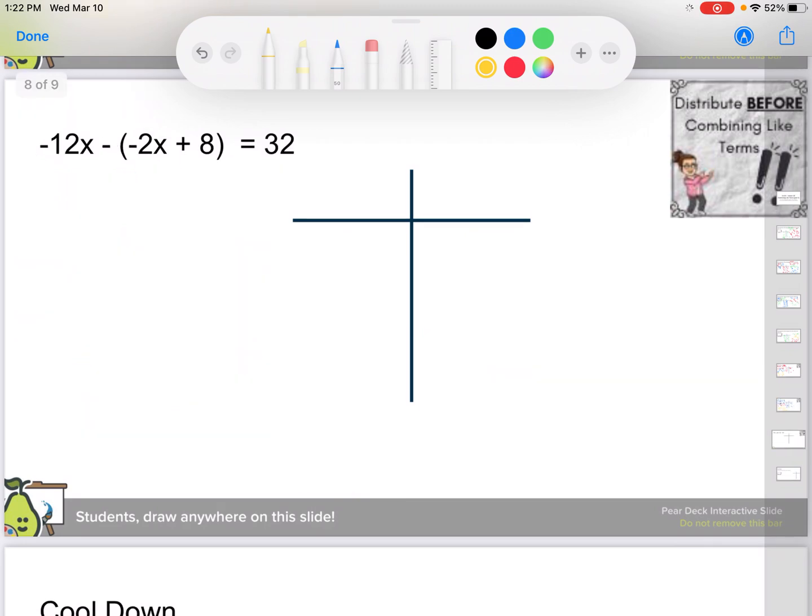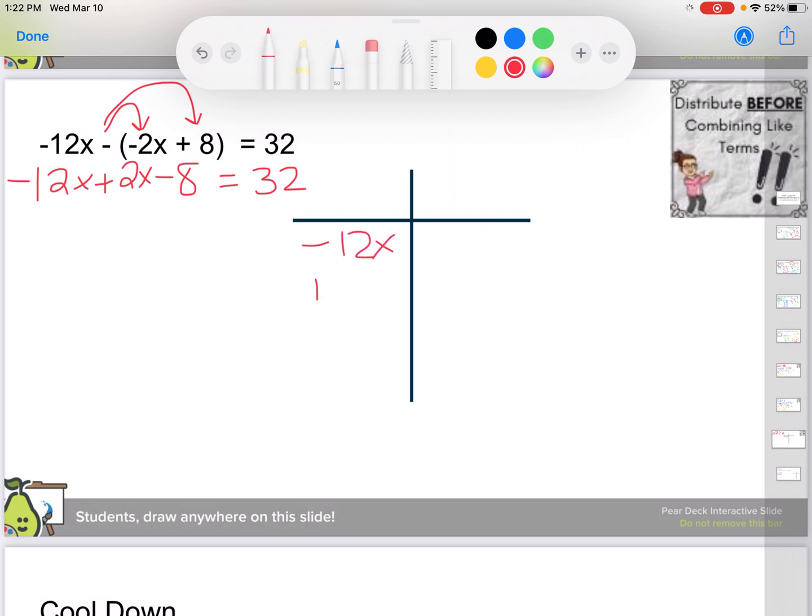All right, last one we're going to do together before the cool down. So I bring down what I don't touch. A negative times a negative is a positive, 2x. A negative times a positive is a negative 8. So when I put my stuff in my chart, I'm not going to put the 32 because it's on the other side of the equal sign.